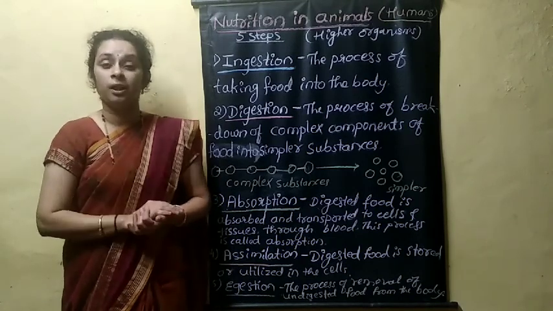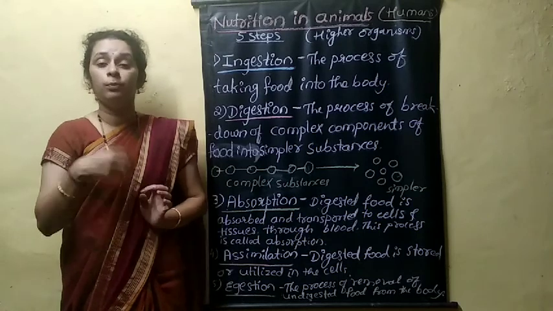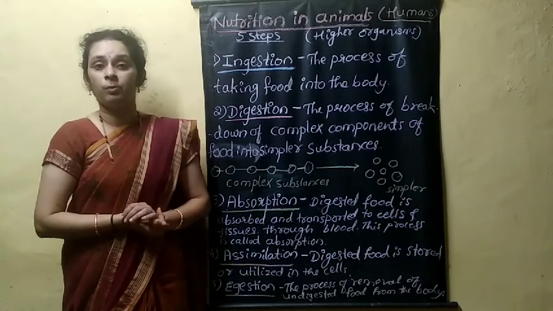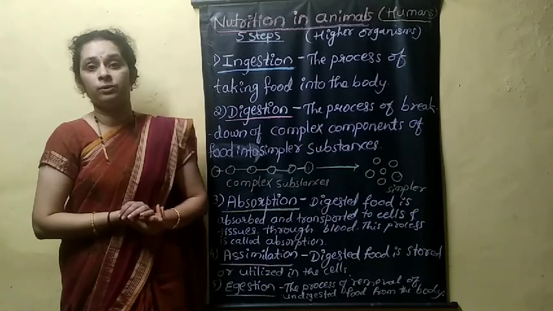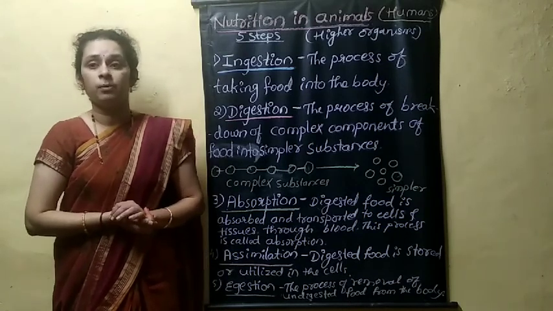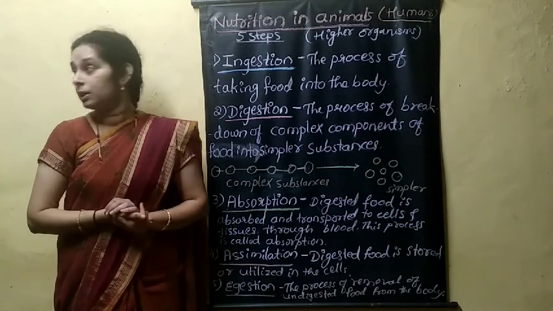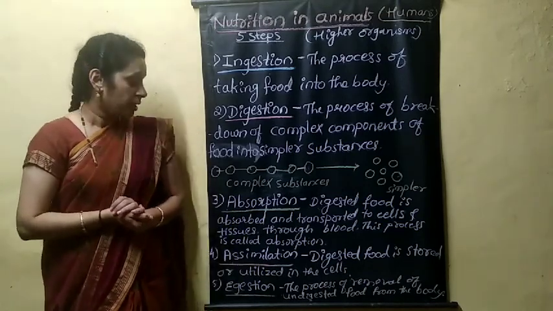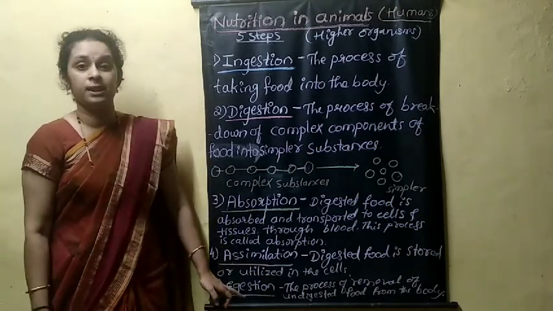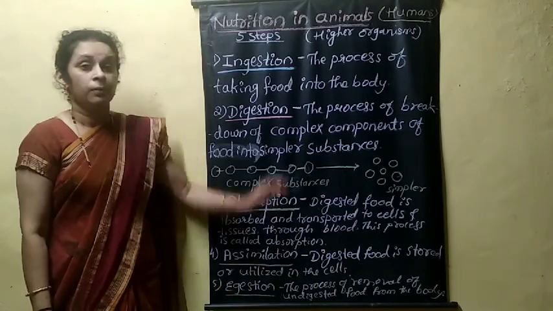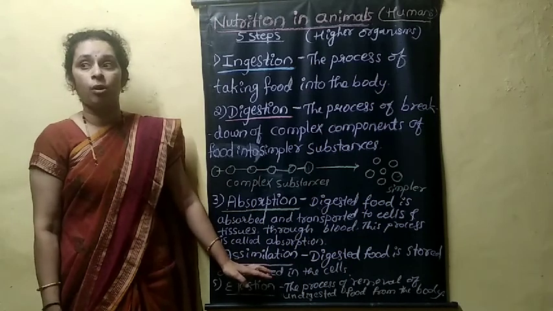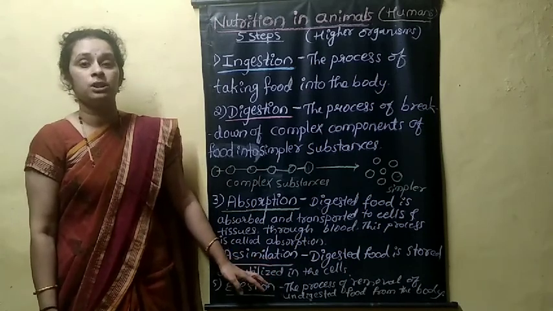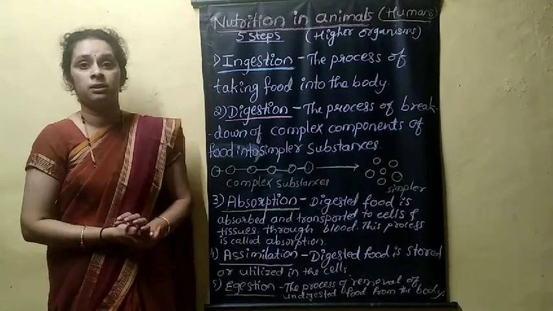If the undigested food is not removed periodically from the body, that may create some disorders related to the digestive system, diseases related to the digestive system. That is called egestion. These are the 5 steps involved in the nutrition of humans or animals.